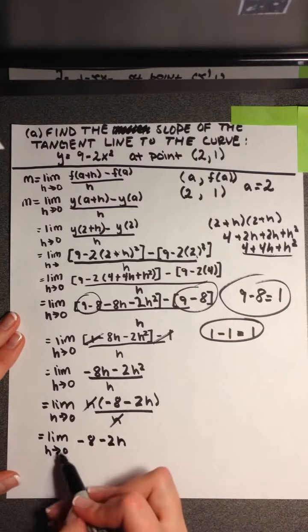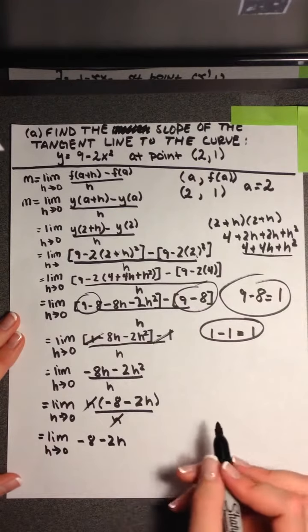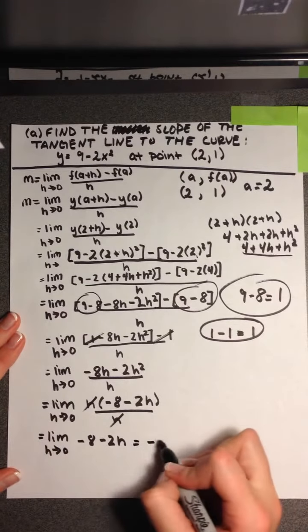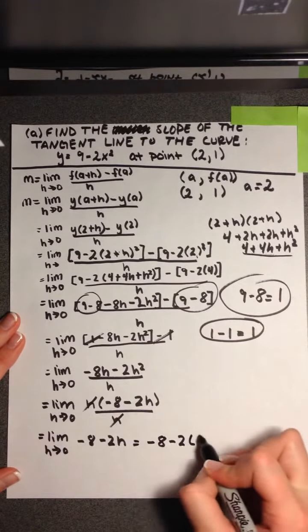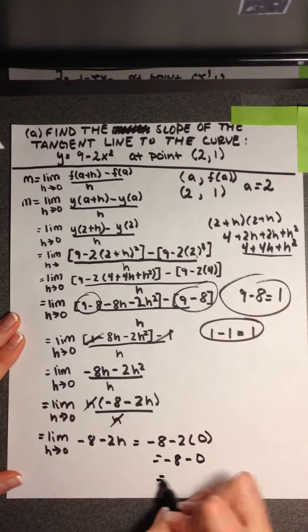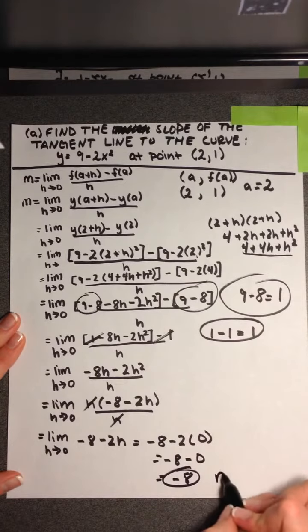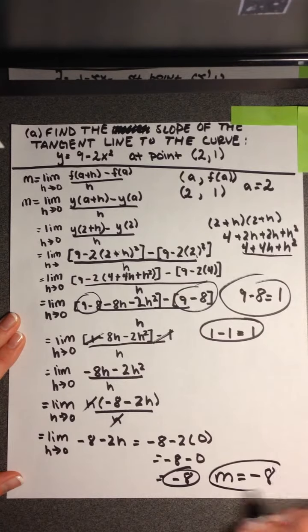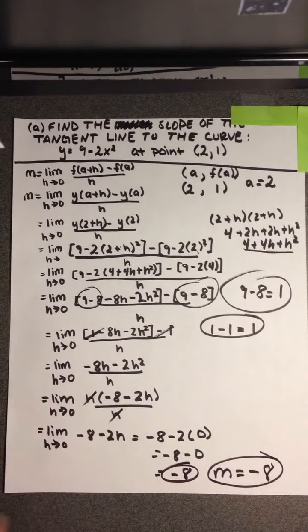Now all we have to do is plug 0 in for h, which is going to give us negative 8 minus 2 times 0, which equals negative 8 minus 0, which equals negative 8. So our slope equals negative 8. We can use that to get the next part of the problem.